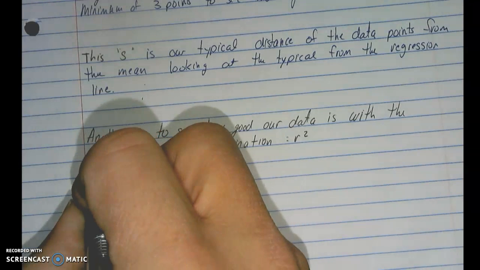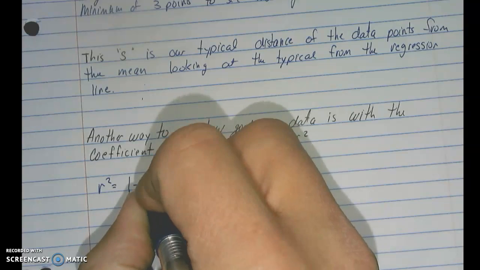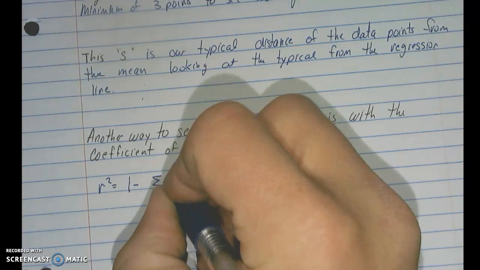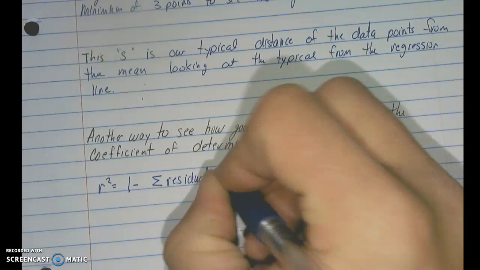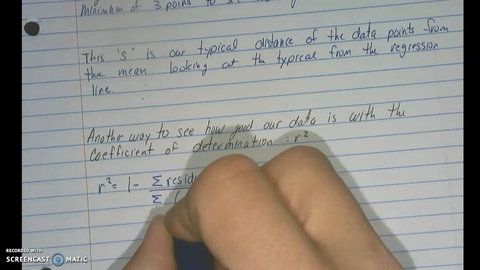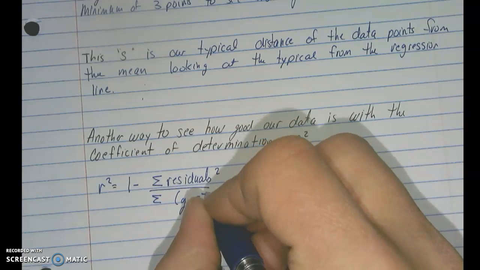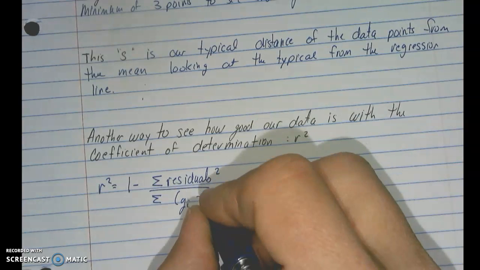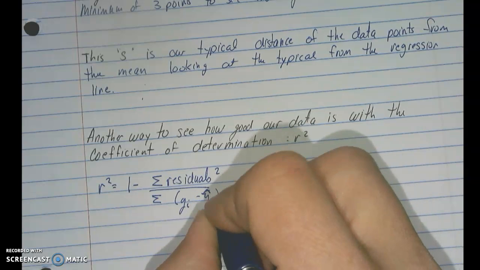So R squared is equal to 1 minus the sum of the residuals squared over the sum of y i minus y hat squared.